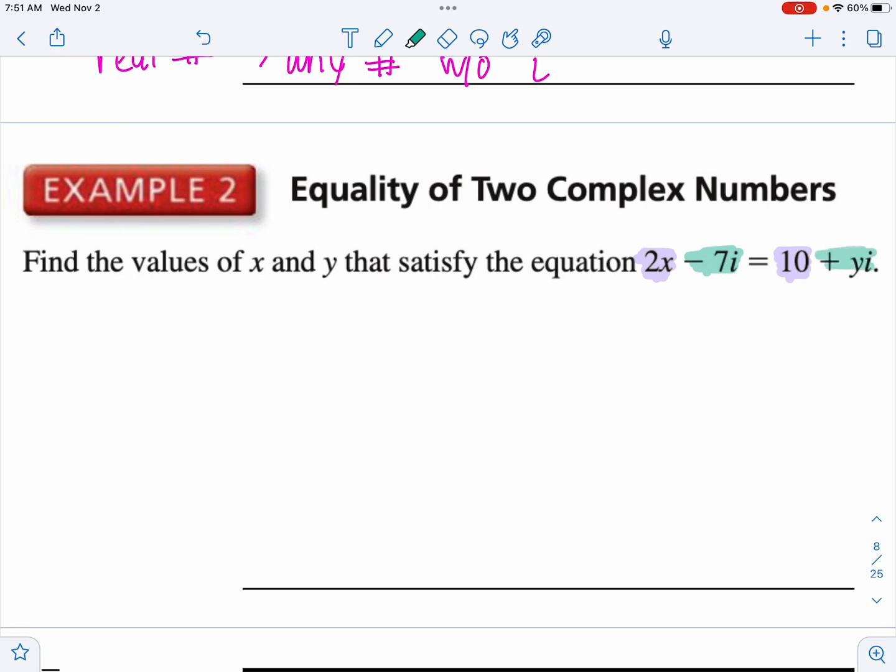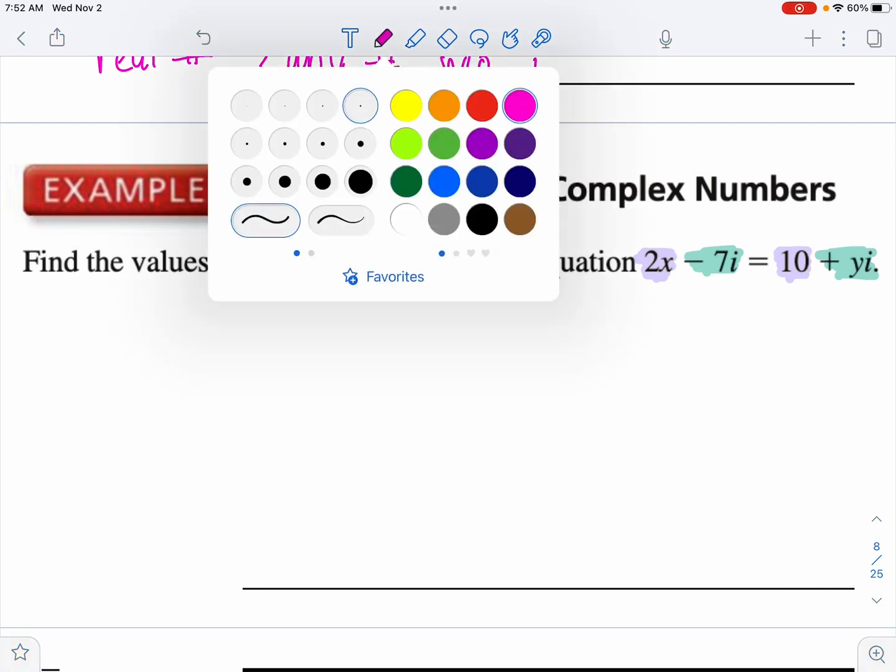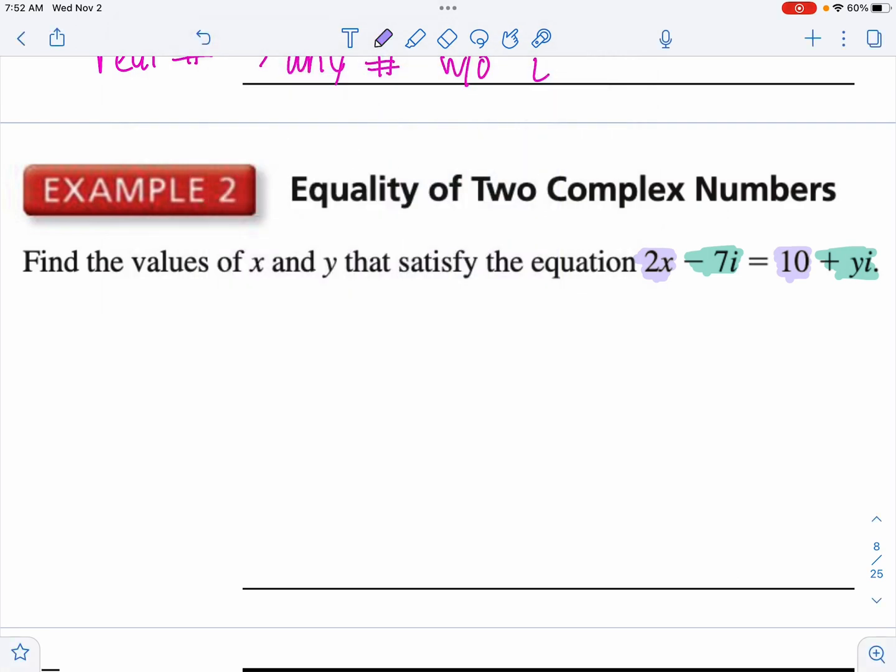So the real portions I have in purple, and the imaginary portions I have in green. So for the real portions, we just set those two pieces equal to each other. So 2x is equal to 10, and then x is equal to 5.